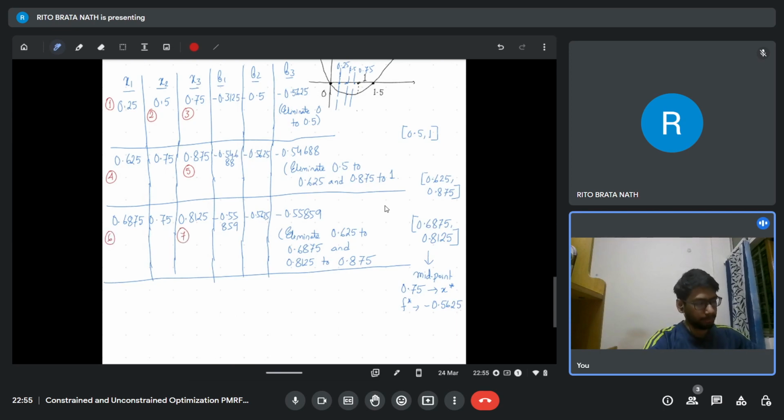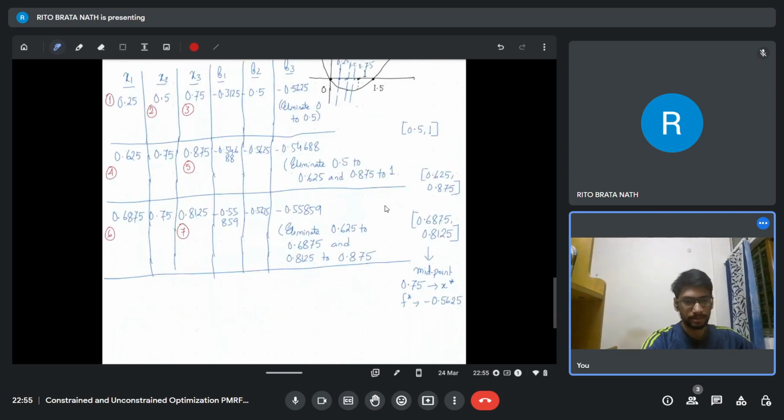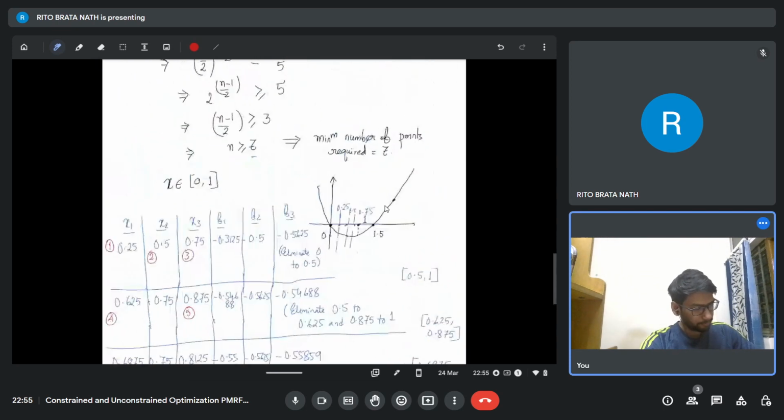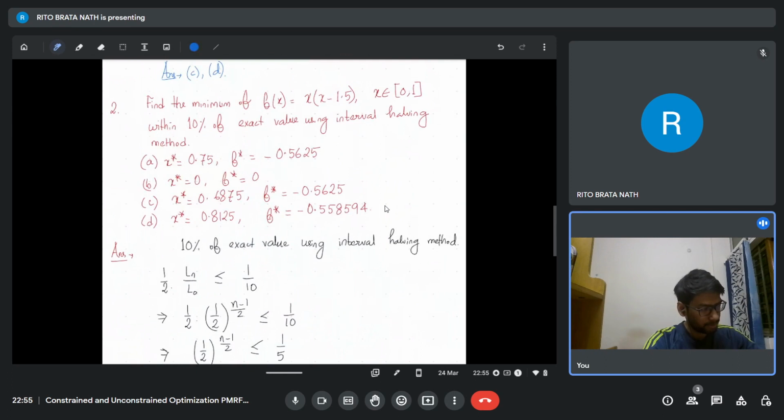So indeed you are dealing with 7 points to get to that 10% of this exact value. Okay, so that's the idea behind this problem, and the solution to this problem will be x star 0.75 and f star this one. So option A is the correct answer here.